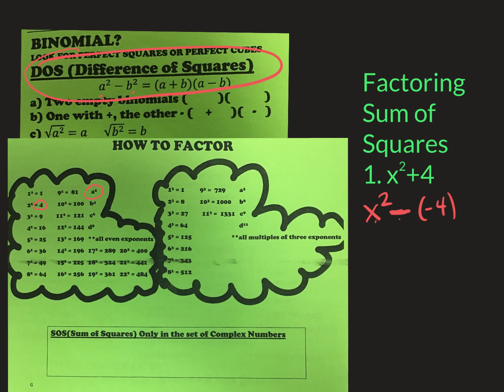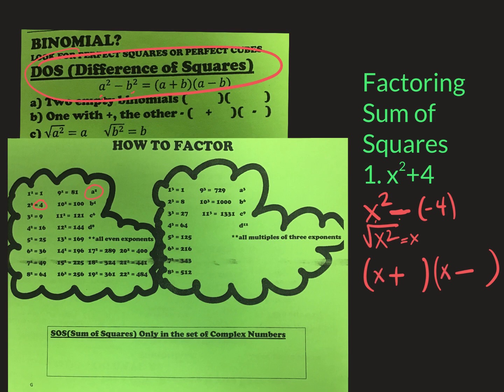So I'm going to write down two empty binomials, one with a plus sign, one with a minus sign, and I'm going to take the square root of the first term. The square root of x squared is x. That answer goes here and here.